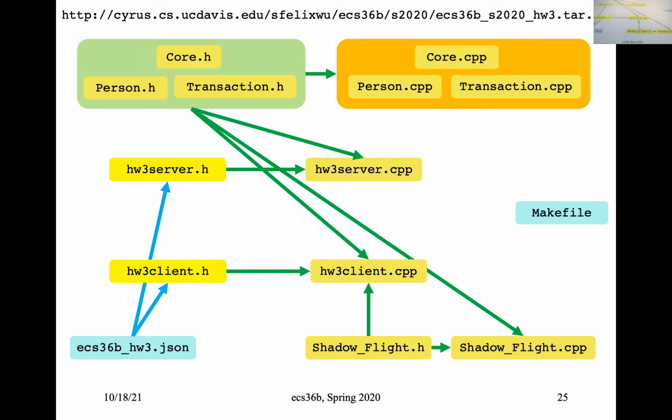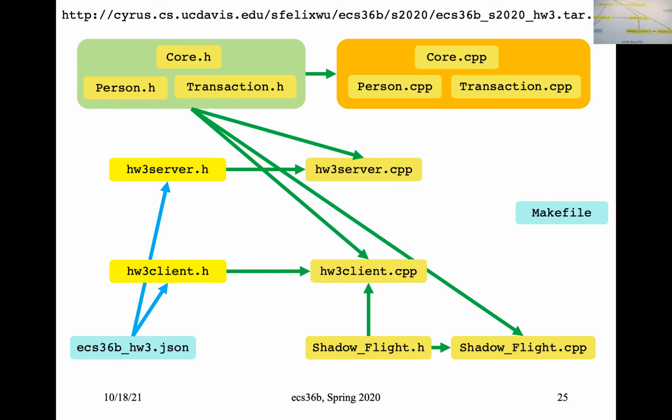There is a lot of code involved in homework assignment number 3. The code we need to start with is called ecs36b_homework_3.json.